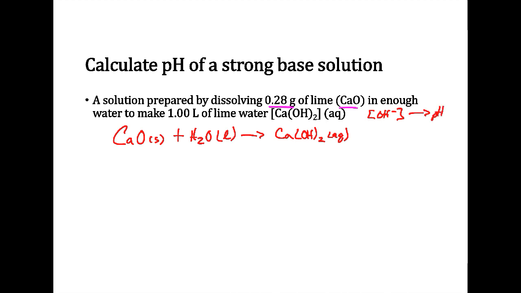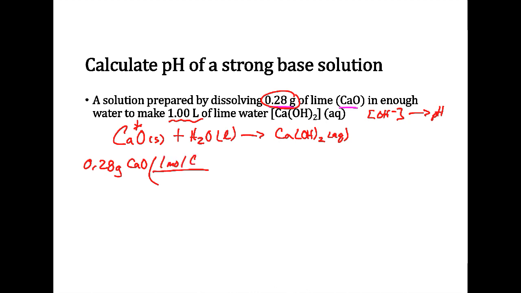But all we're given is the initial mass of this solid and the volume that it's diluted to. So let's start with what we know, which is our mass. We have 0.28 grams of calcium oxide. And if we want to compare that to our product, we need to use a mole-to-mole ratio. So let's convert this from grams to moles.